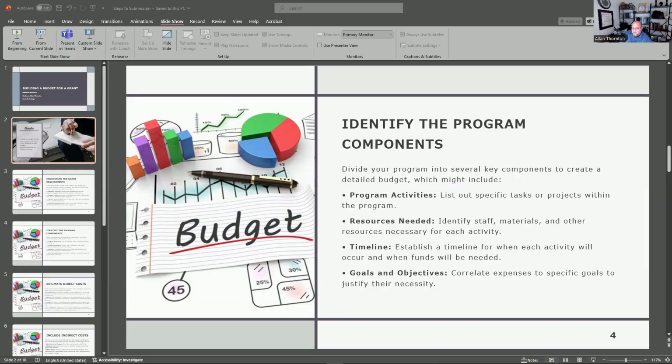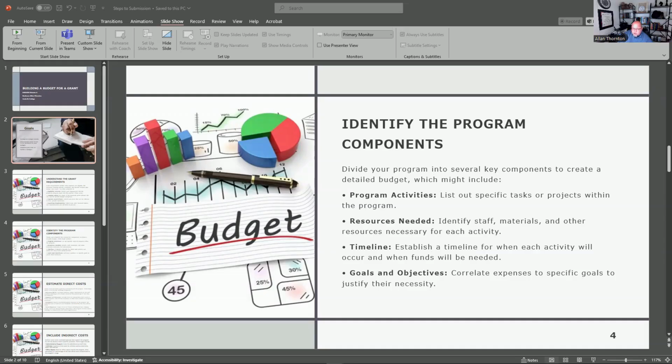Now, some of this is stuff you're going to put in another section of your grant proposal, so you'll have this information. When it comes time to build your budget, you need to pull from that information and begin to look at what the expenses are going to be. So you're going to put your goals and objectives in your budget proposal.